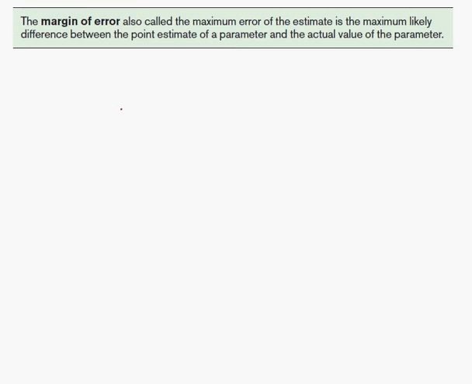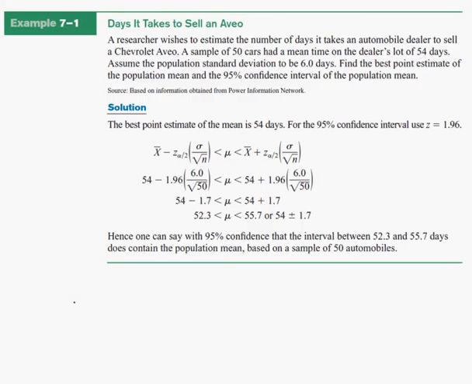Other things that we're going to look at in the lesson involve margin of error, which is called the maximum error of the estimate. It represents the maximum likely difference for a specific confidence interval. That difference could be a range of values depending on your mean and your standard deviation. We're also going to be looking at examples such as 7.1 and 7.2 in other videos, and those explain that you have these z values, the sample mean, the population standard deviation, and n.